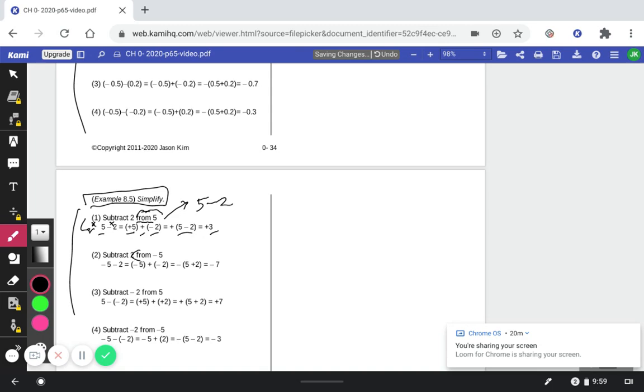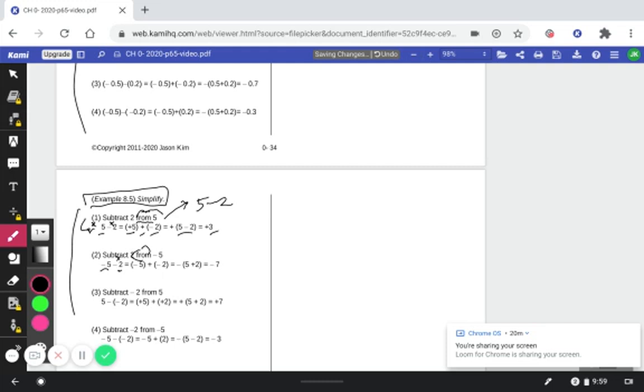Now, how about subtract 2 from negative 5? So again, because of the from, you write -5 first and then 2. The 2 does not have any sign, so you change it to positive. And then you apply keep change because you need to translate minus into plus.